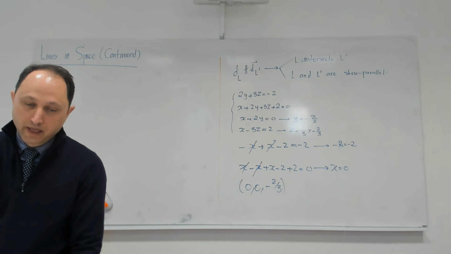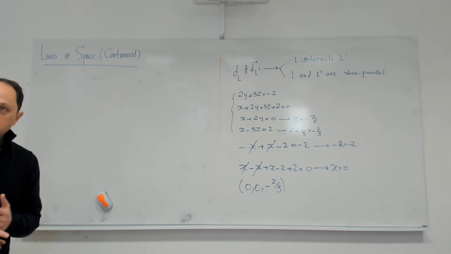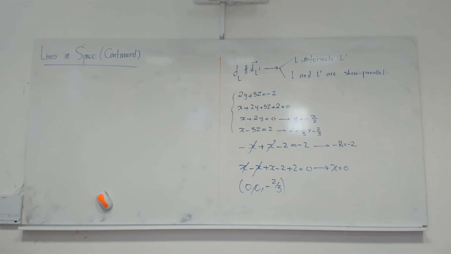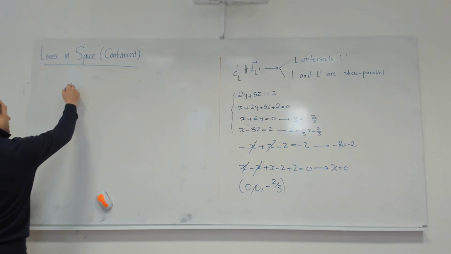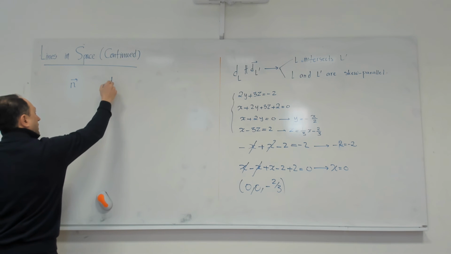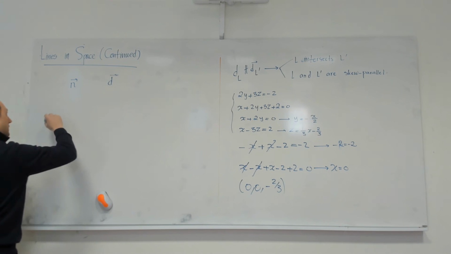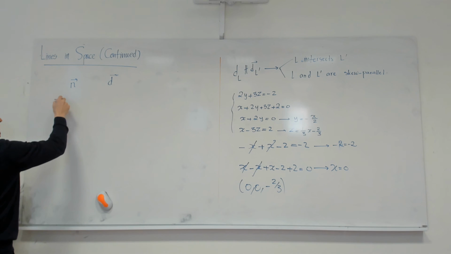So that's good. We find the normal vector of the plane and we find the direction vector of the line, and then how should I understand if they are perpendicular or not? So we dot product them. If it becomes 0, then I will find n, the normal vector of the plane, and I will find the direction vector of the line, and I dot product them.